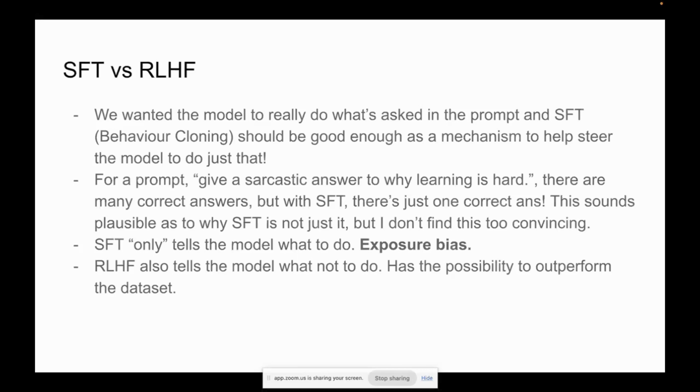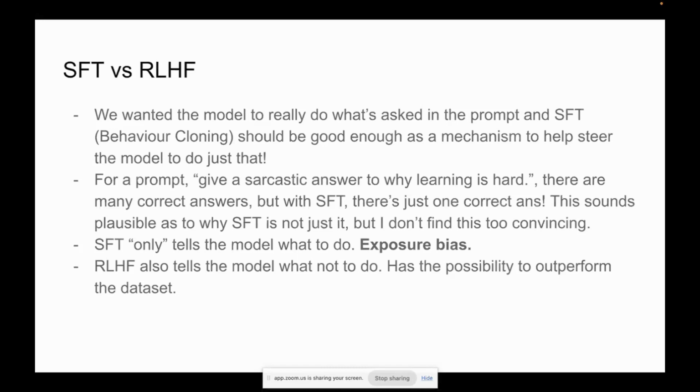That's an exposure bias, a discrepancy between the training step and the test step, which might cause the model to deviate more and more from its intended behavior, which is what actually happens. While during RLHF, the model is generating its own responses that are getting rewarded by the reward model. So in that step, the model is also getting a sense of what it does not have to do, right?